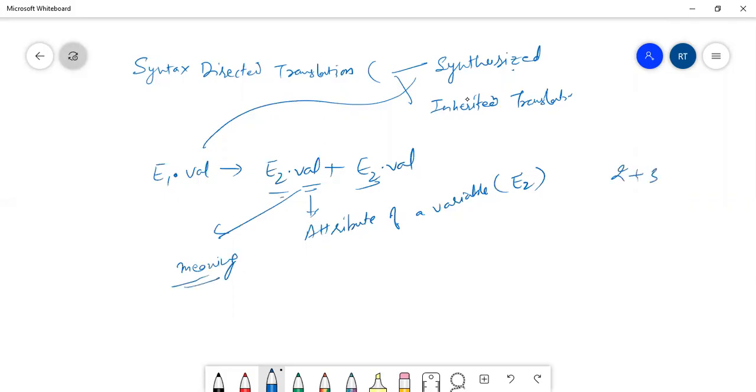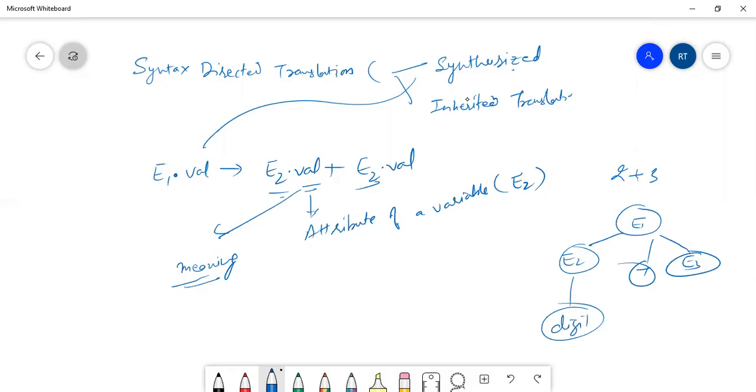For example, if I want to write 2 plus 3, this is E1, this is E2, this is E3, this is plus. And here E2 leads to digit, and this also leads to digit. This digit is returned by a lexical analyzer because it is a regular expression.